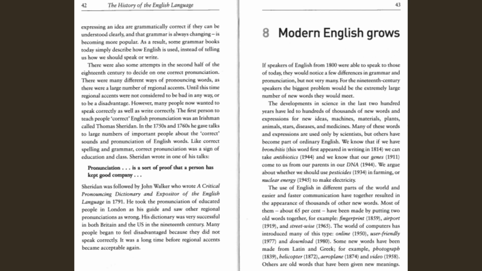He took the pronunciation of educated people in London as his guide, and saw other regional pronunciations as wrong. His dictionary was very successful in both Britain and the US in the 19th century. Many people began to feel disadvantaged because they did not speak correctly. It was a long time before regional accents became acceptable again.